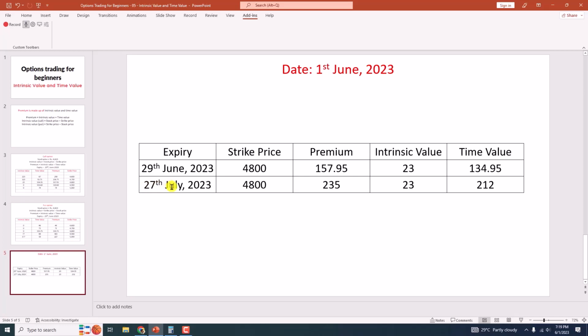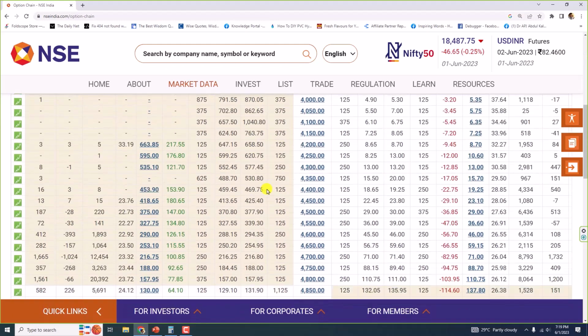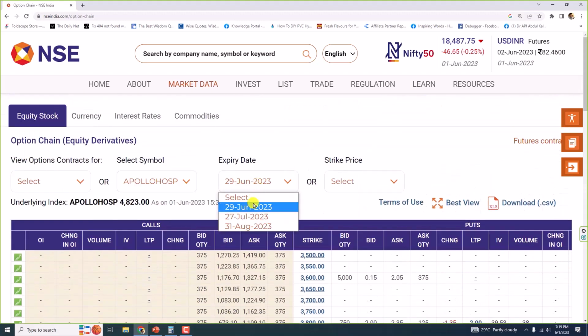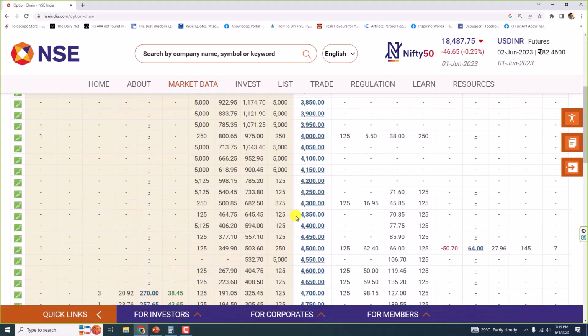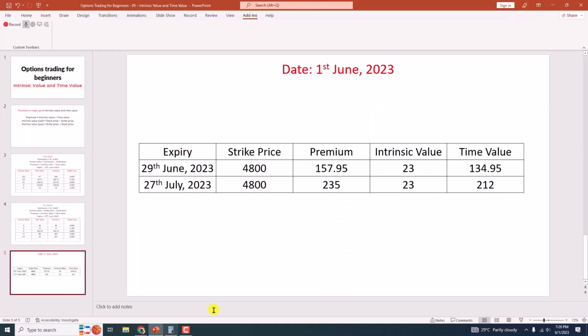In this case, today is June 1st, and here I have selected the chart for 29 June expiry. According to that, you can see for 4,800, 157 is the premium. Now let me change it to 27 July. Now if I go down for 4,800 strike price, you can see that the premium is 235 rupees.